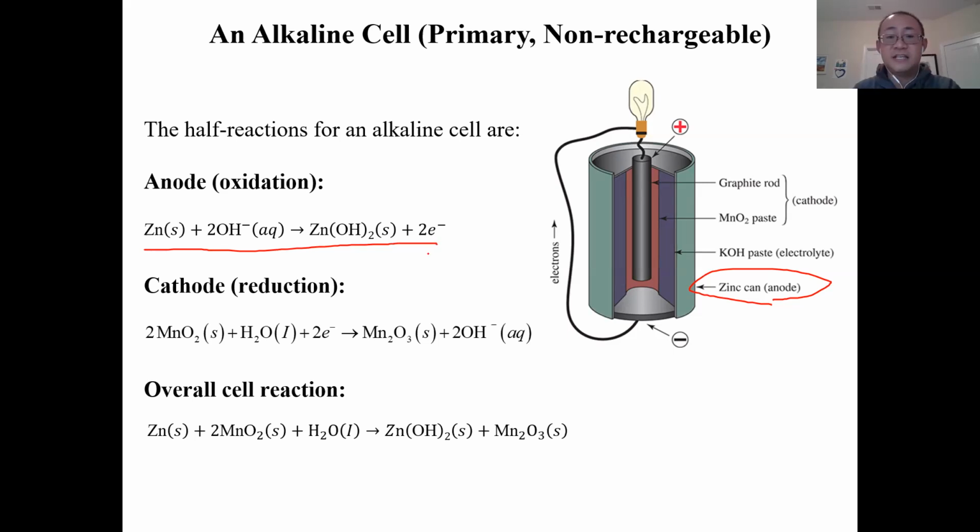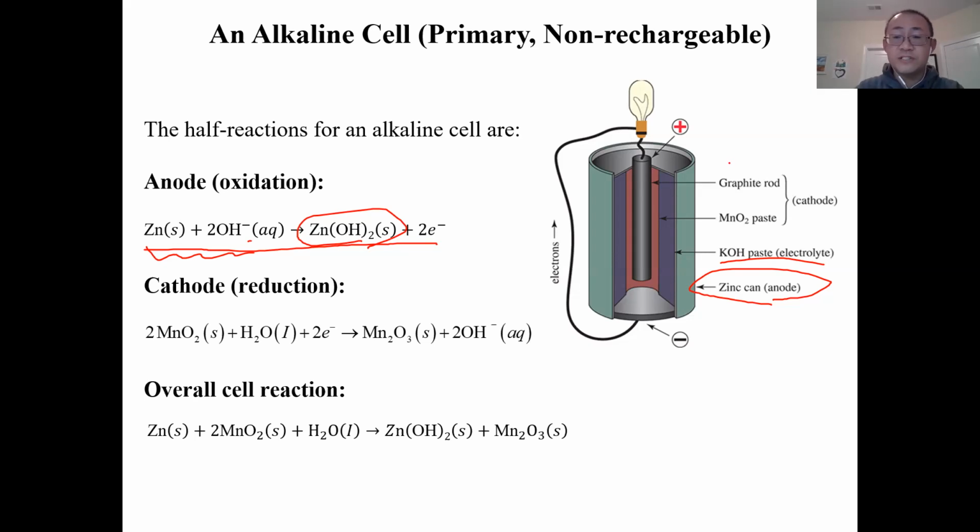Of course, because it's alkaline, there is potassium hydroxide paste inside the alkaline battery. So after zinc metal loses electrons, zinc 2+ will combine with hydroxide ions to become zinc hydroxide. And those lost electrons will be used by you in a flashlight or a remote control, and then will be gained by the manganese 4 oxide paste inside the battery.